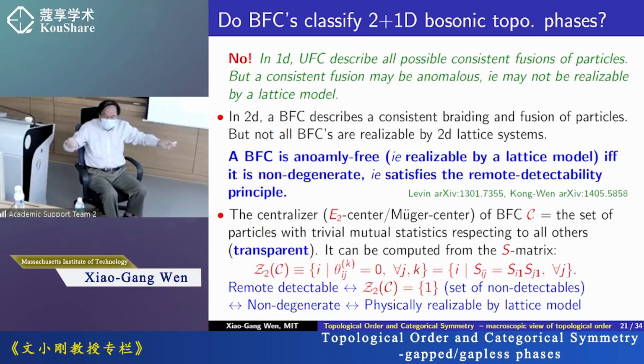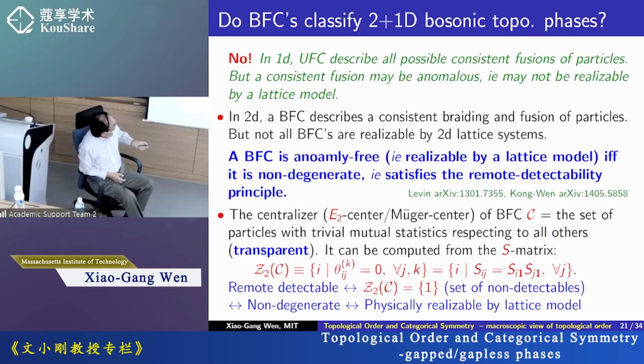If that happens, it's anomalous. So we have this undetectable particle. This feature is called degenerate. If you have undetectable particles, this braid fusion category is called degenerate. If only the trivial particle is undetectable, and every other particle is detectable, they call it non-degenerate. So that's a mathematical term for this.